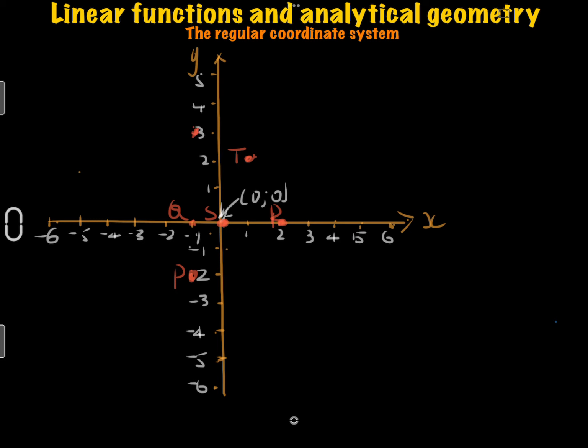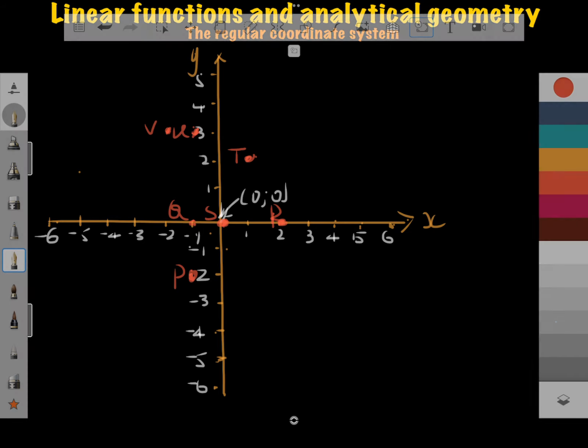So this is our U. V: x is negative 2, and y is 3. So the intercept right there. So we have V.